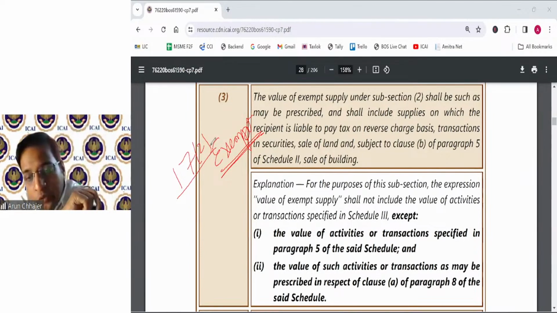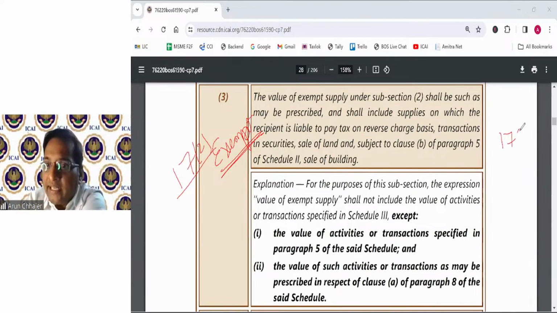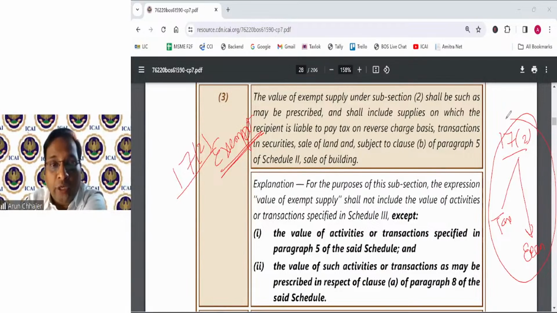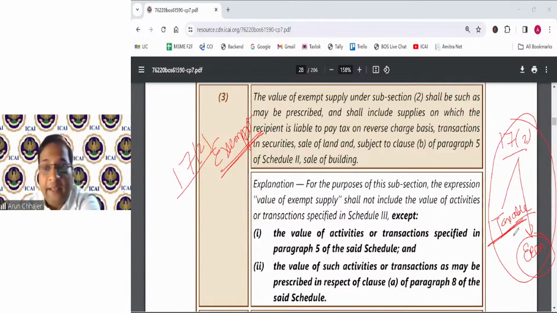What is 17(2)? 17(2) says that if you have the taxable supply as well as exempted supply, and ITC is used commonly, then you are allowed to take the ITC to the extent of taxable supplies. Correct? Then what is the meaning of exempt supply?